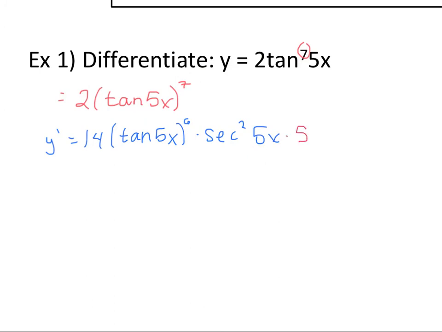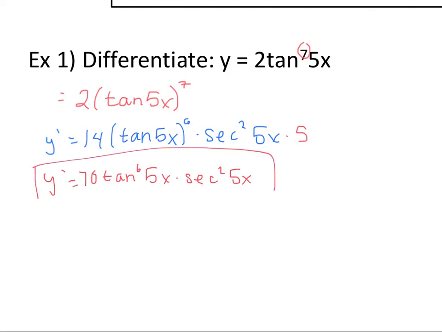So just putting this all together to make it look a little nicer, we can do 14 times 5. So 70 tan to the 6th power of 5x times secant squared of 5x. And that is your final answer, okay?